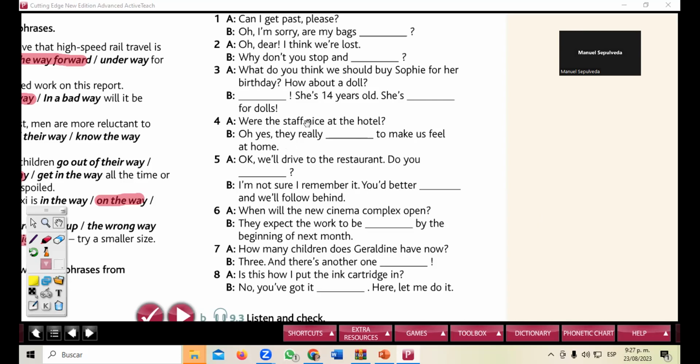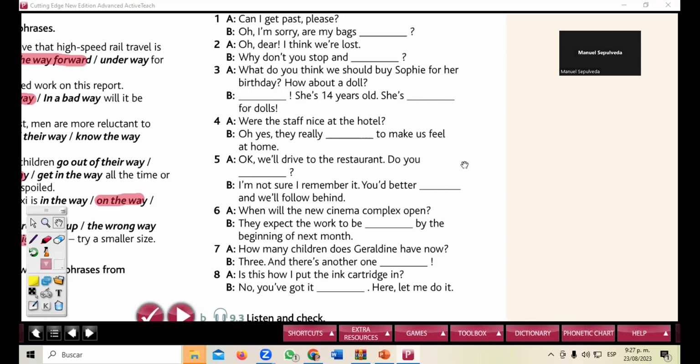Were the staff nice at the hotel? Oh, yes. They really went out of their way. Yeah, that's Catherine's one, we already did. Yes, I'm sorry. I couldn't understand you. Your internet is cutting off. But Manuel, number 5.